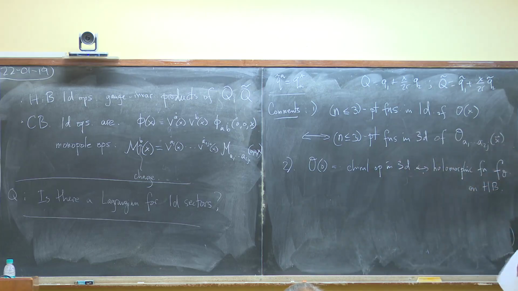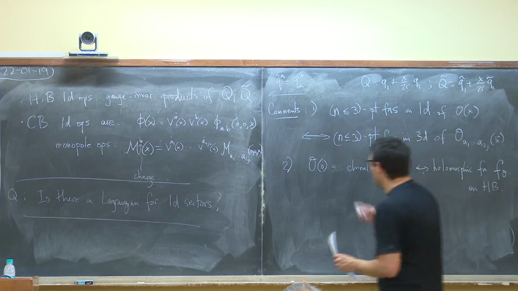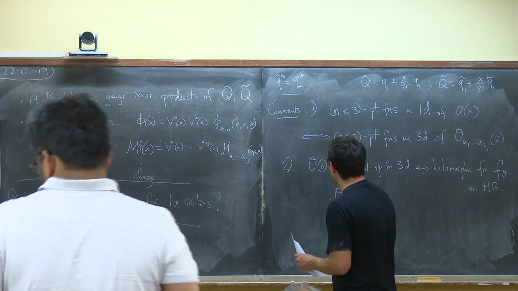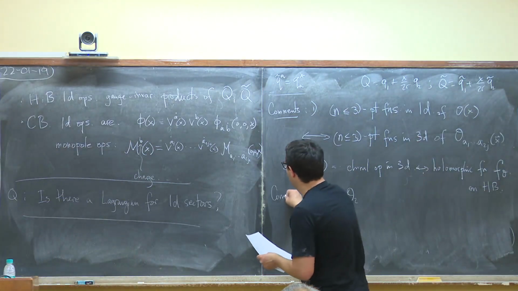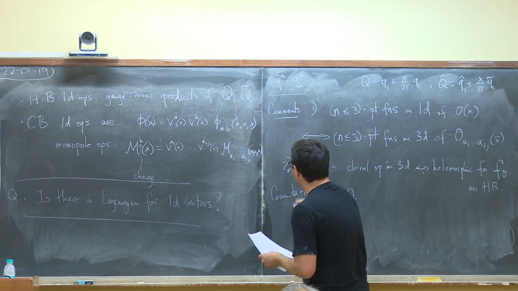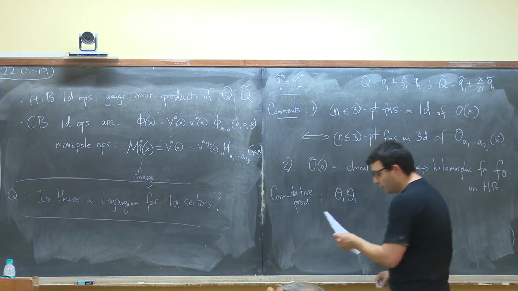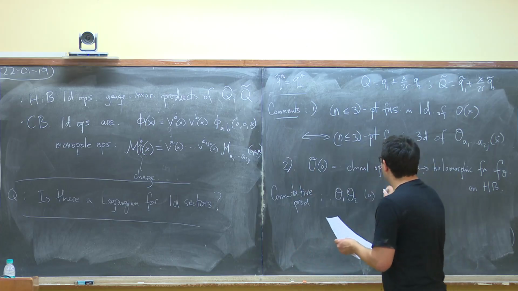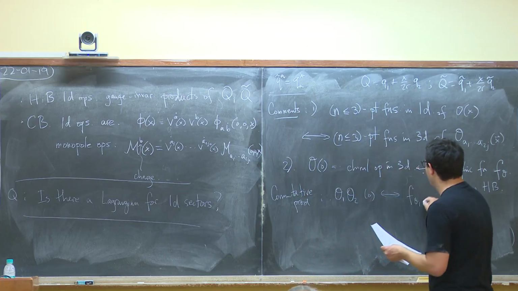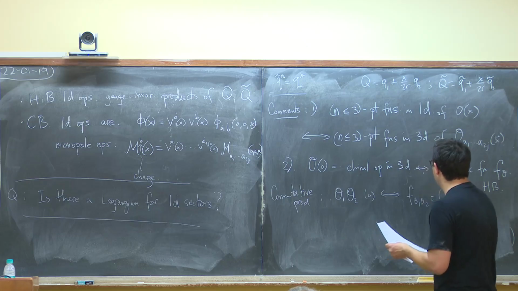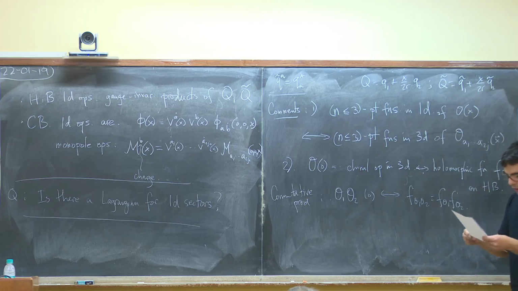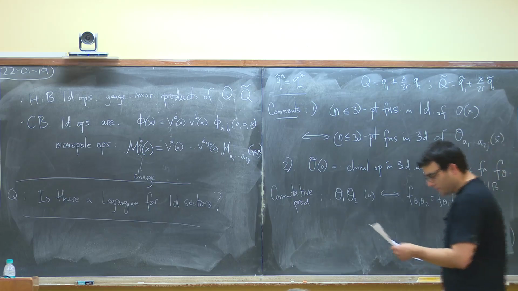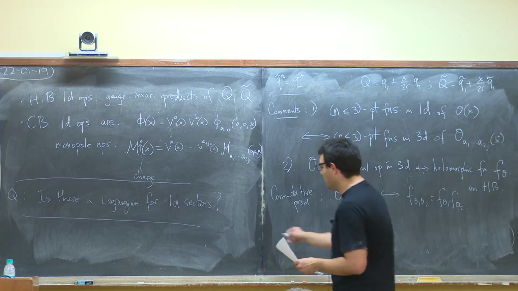When we have holomorphic functions, we can take a product of holomorphic functions and we get a holomorphic function. So there's a commutative product on this set of operators: O1 O2 would just be the operator that corresponds to the function F_{O1 O2}, which is F_O1 times F_O2. But we have another product, which is given by the OPE in the 1D theory.